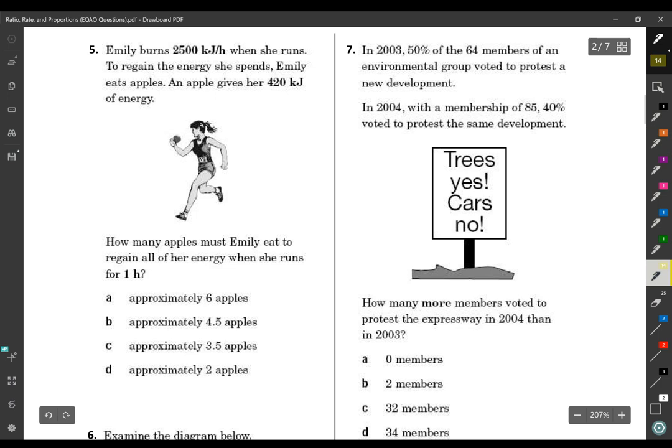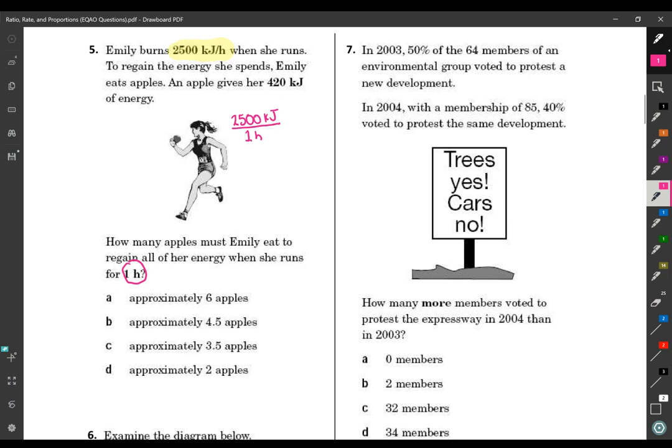So based on the unit rate that is given to us, right, that rate tells us that she burns 2,500 kilojoules in 1 hour. That's what the unit rate means. Okay, so if she goes for an hour run, she's going to burn that many calories. And what we want to know is how many apples she needs to eat in order to replace all of that energy.